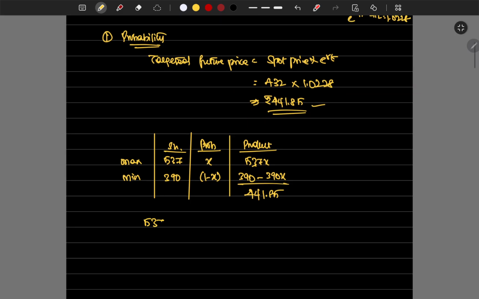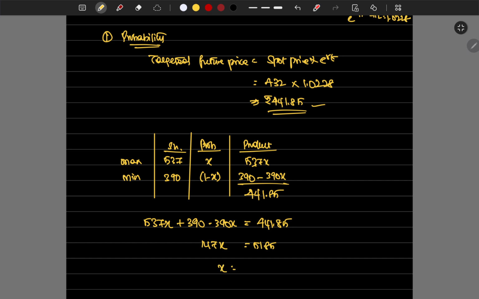So 537x plus 390 minus 390x is equal to 441.85. 441.85 minus 390 is 51.85. 537 minus 390 is 147x.